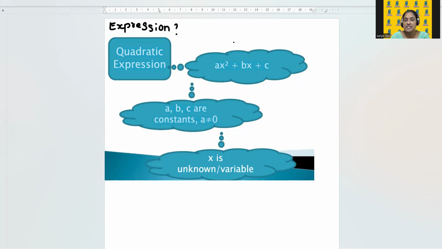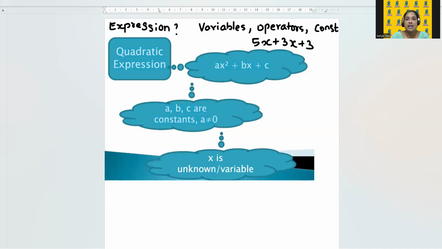In simple terms, we can say it is a combination of terms like variables, operators, constants. For example, 5x plus 3x plus 3.